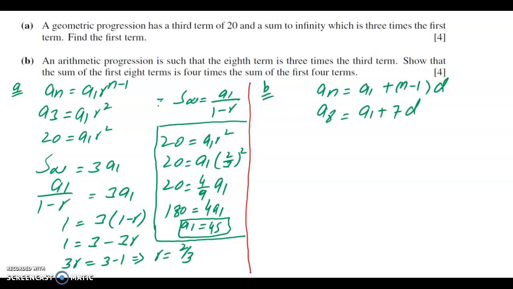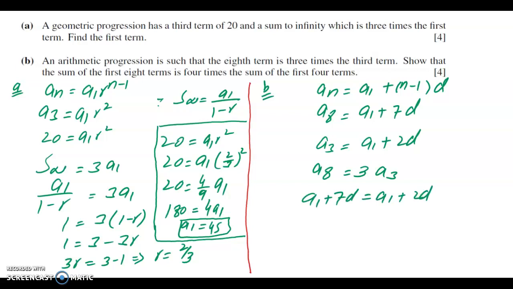Similarly, the third term will be a1 plus 2d. The eighth term is 3 times the third term, so a1 plus 7d is equal to 3 times a1 plus 2d.